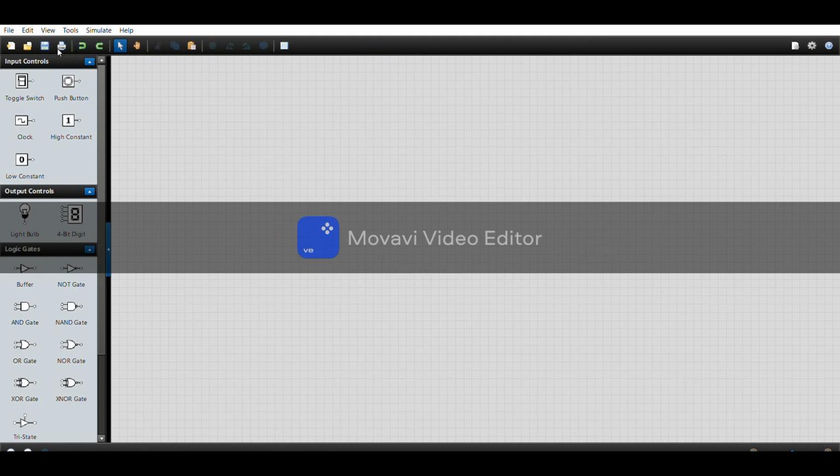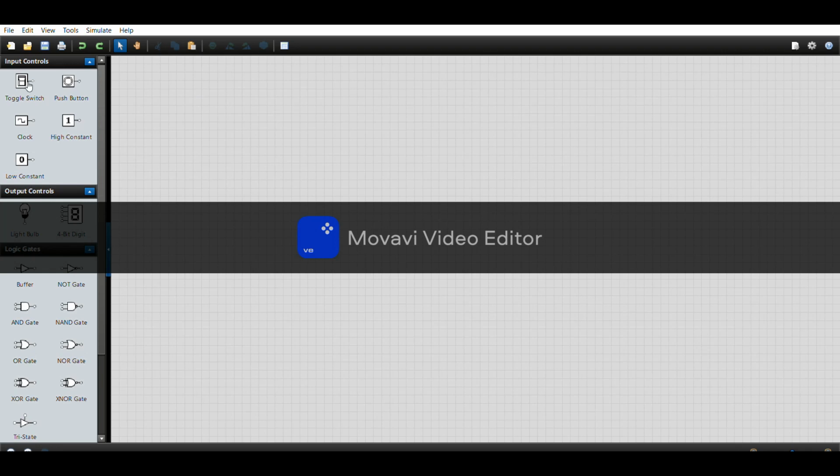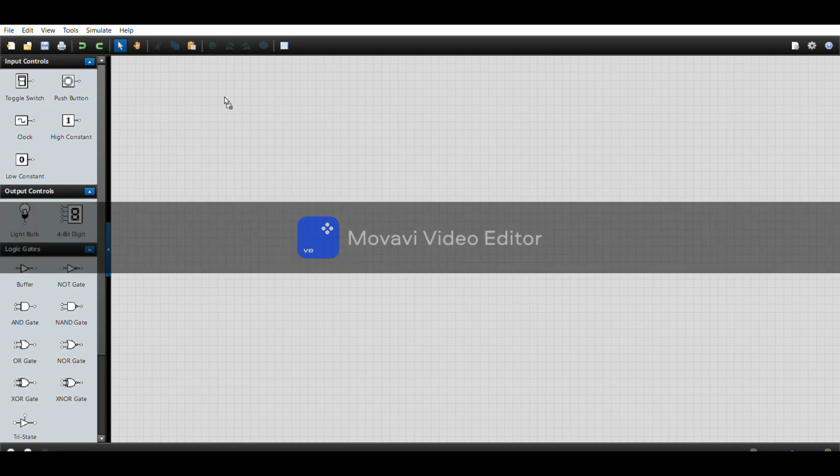The next thing we are going to see is code conversion. First, let us design a code converter for binary to gray code.